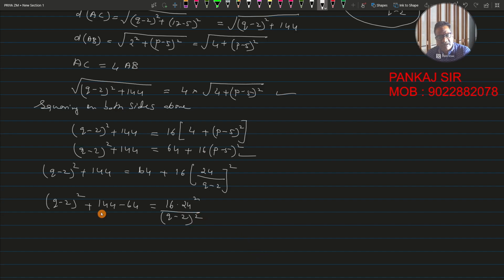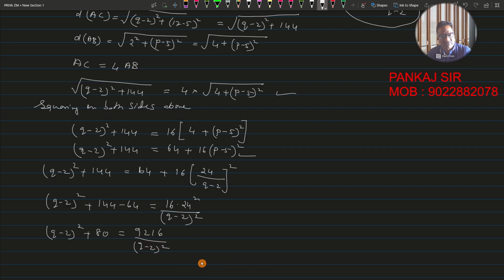Fine. Now this 144 minus 64 will be, (q minus 2) the whole square plus, this should work out to 80, equal to, this 16 times 24 square should work out to 9216. Okay. Fine. Upon (q minus 2) the whole square.